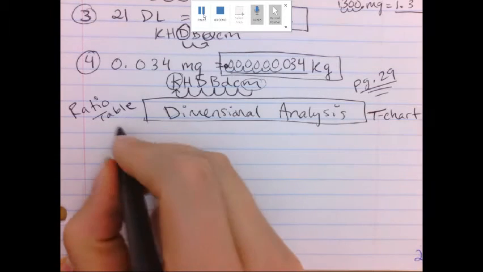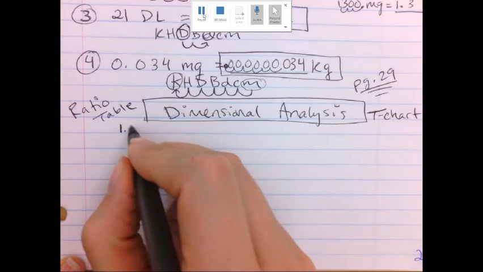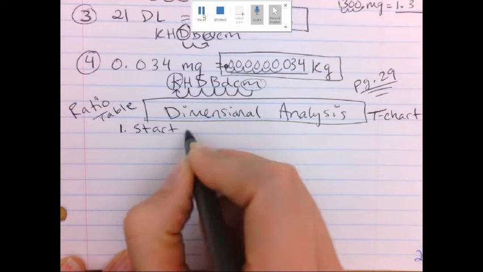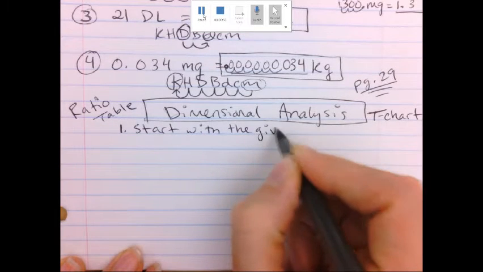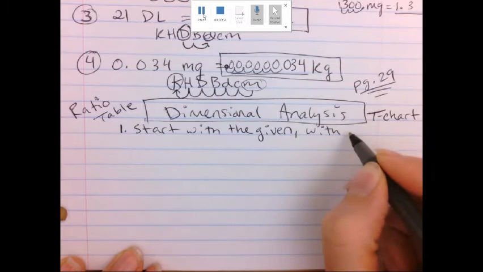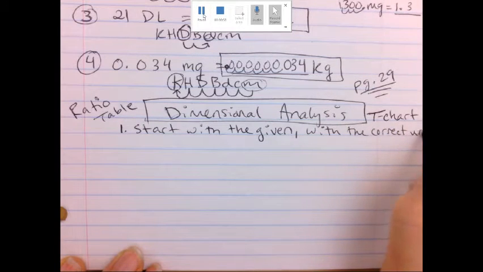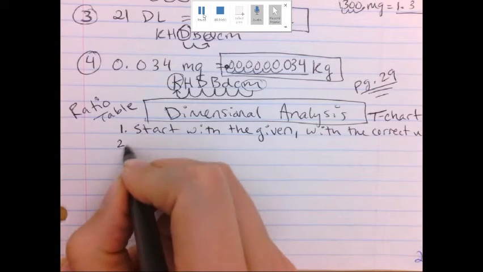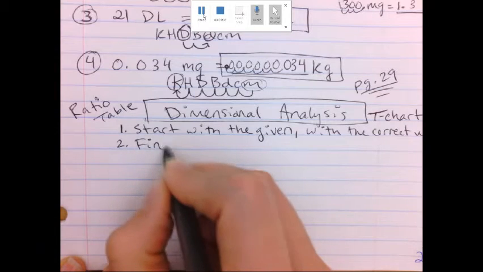Now there are 6 steps that we like to go through for dimensional analysis. First thing we're going to do is start with what we're given, just like in GERC. And you want to make sure that you're putting the correct units. Second step is to find the conversion factor.